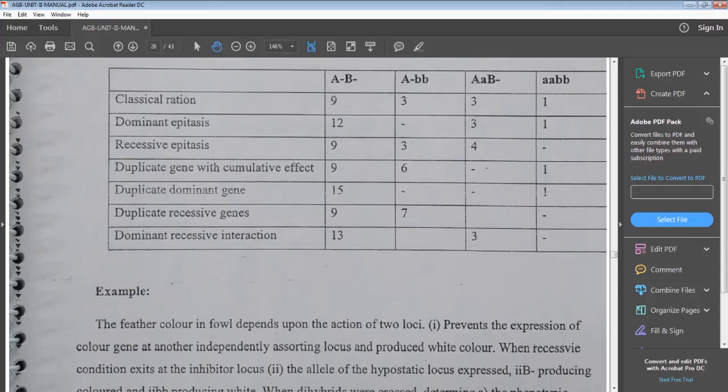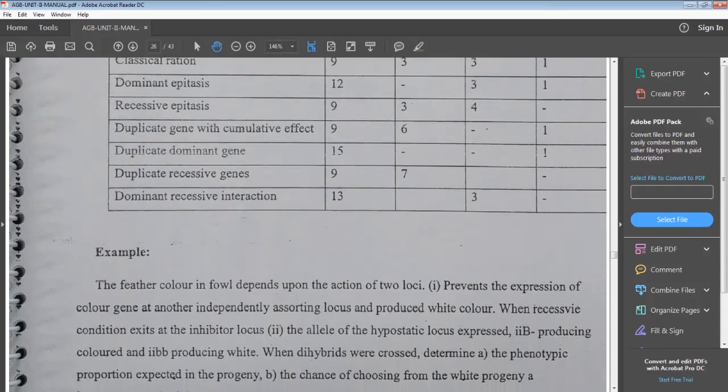Duplicate gene with cumulative effect, you should always try to remember these ratios. We can ask these in MCQs, what is the ratio for dominant epistasis, what is the ratio for recessive epistasis, or what is the ratio for the duplicate dominant gene, recessive gene. Okay, so you just always keep these values in your mind. Duplicate dominant gene is 15:1.